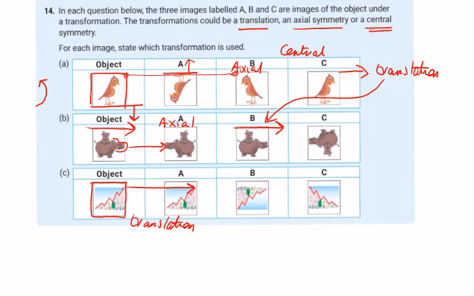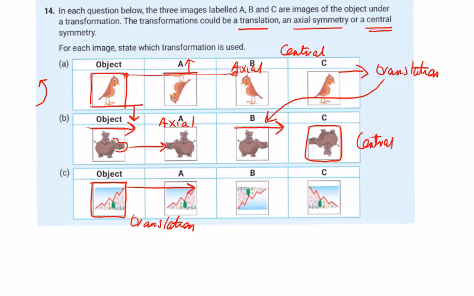And then C, well, he has gone through the axis and turned around. He has flipped the opposite direction around. So that is central for this guy here. Upside down, back to front. Have we an upside down, back to front for this guy? Third guy, we do.